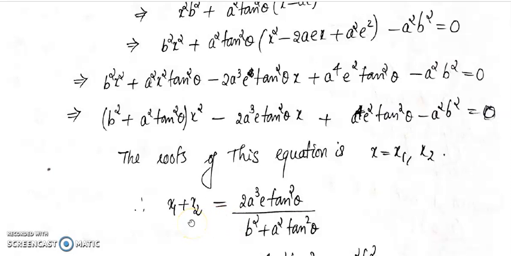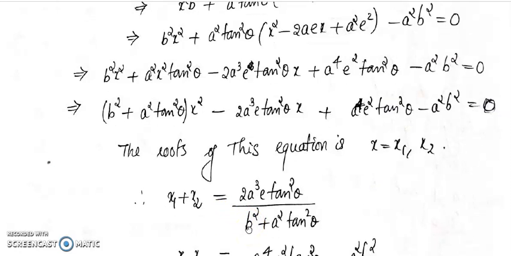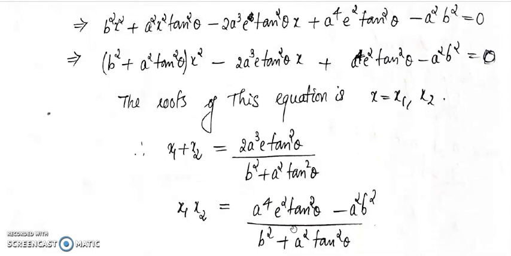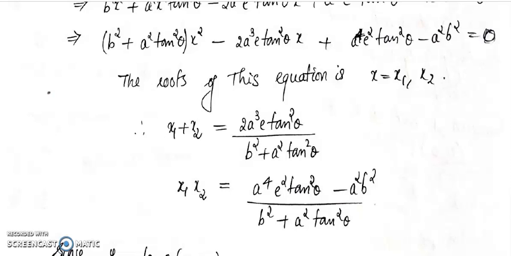So the sum of the roots will be 2a cube e tan square theta by b square plus a square tan square theta. Similarly, the product of roots x1 x2 will be a raised to 4 e square tan square theta minus a square b square by b square plus a square tan square theta.